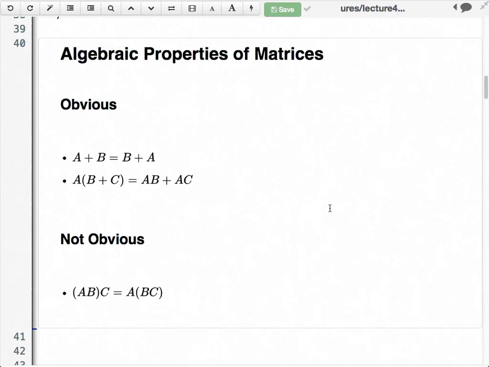So that's the i,jth entry of the matrix A times B. It's A_i1 B_1j plus A_i2 B_2j plus dot dot dot plus A_i. So here you have to worry about how many rows A has, or actually how many columns A has and how many rows B has. So let's say that A is an n by m matrix and B is an m by r matrix. So this sum goes up to m.